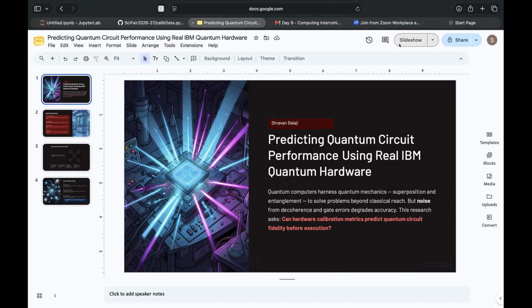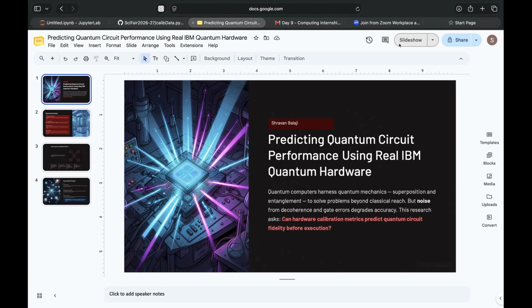For every quantum processor, I collected several hardware calibration metrics, like the T1 relaxation time, which measures how long a qubit retains energy, T2 coherence time, which measures how long the quantum information is preserved, readout error, which measures measurement accuracy, and gate error, which measures how often the operations fail.